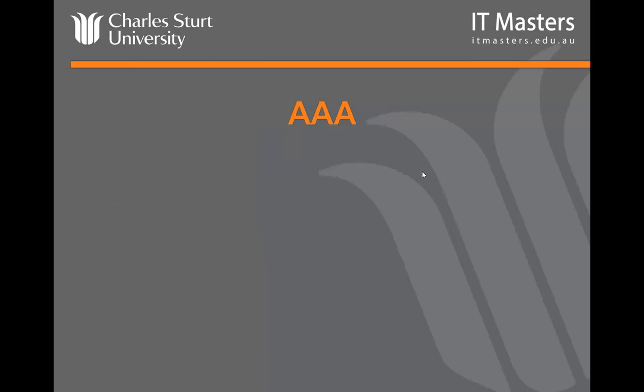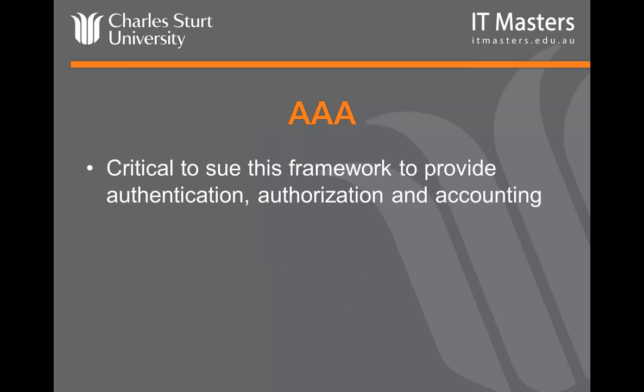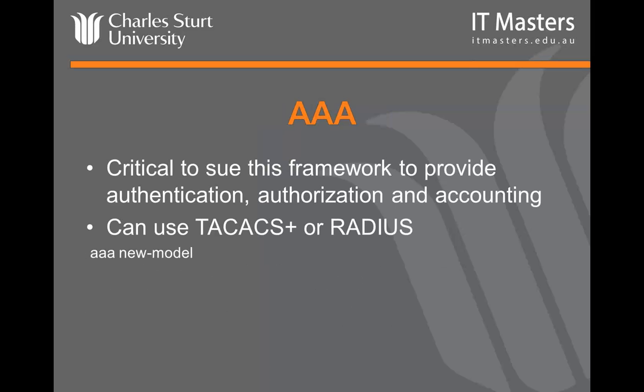Okay, AAA. Critical to use this framework to provide authentication, authorization, and accounting. We looked at it a little bit earlier. We're basically talking about TACACS+ and RADIUS, so enabling your router or switch or whatever device you're on to use TACACS+ or RADIUS. We enable that with aaa new-model.